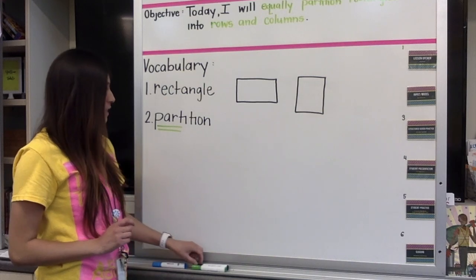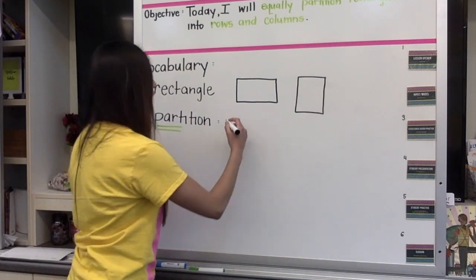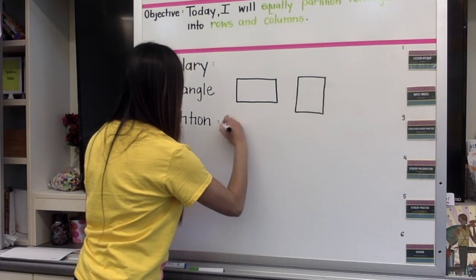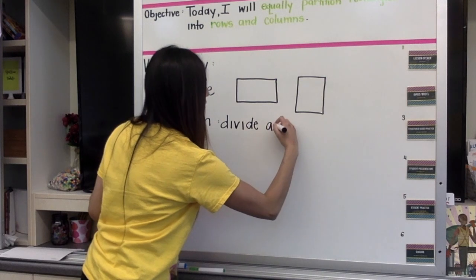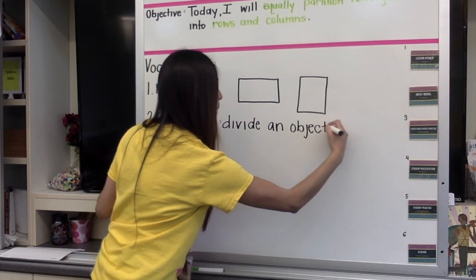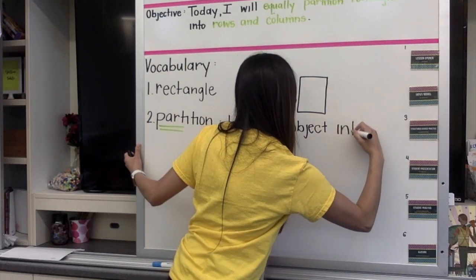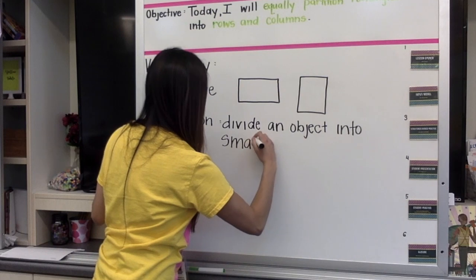So the word partition actually just means to divide an object. It's when you divide an object into smaller shares.